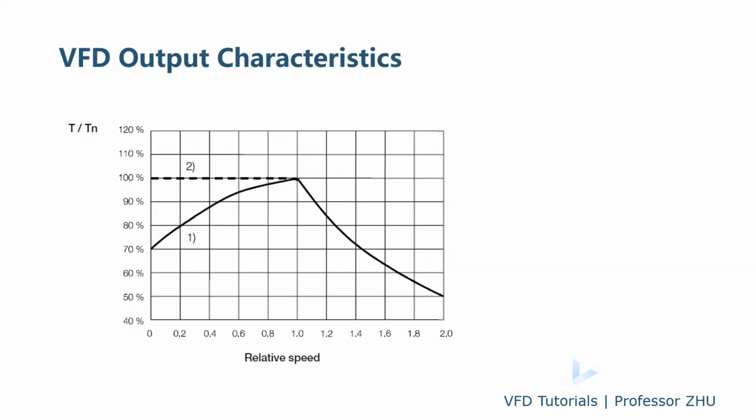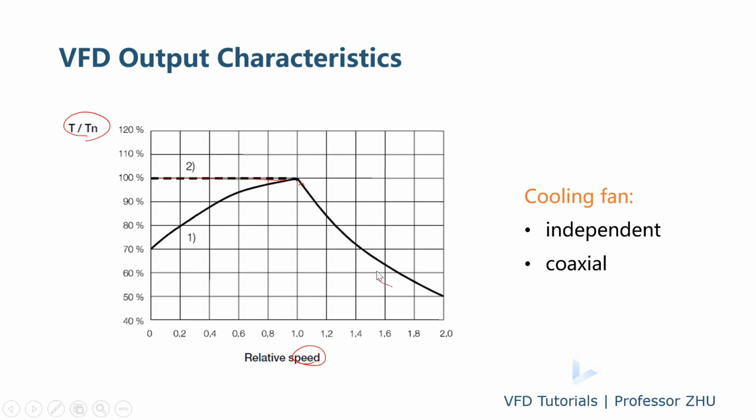So for a drive, the ideal curve will be like this: speed, torque, constant power. But in the real situation, the torque will be reduced with the speed. Partially because of the limitation of the VFD, the control performance of the VFD, and mainly because of the motor.